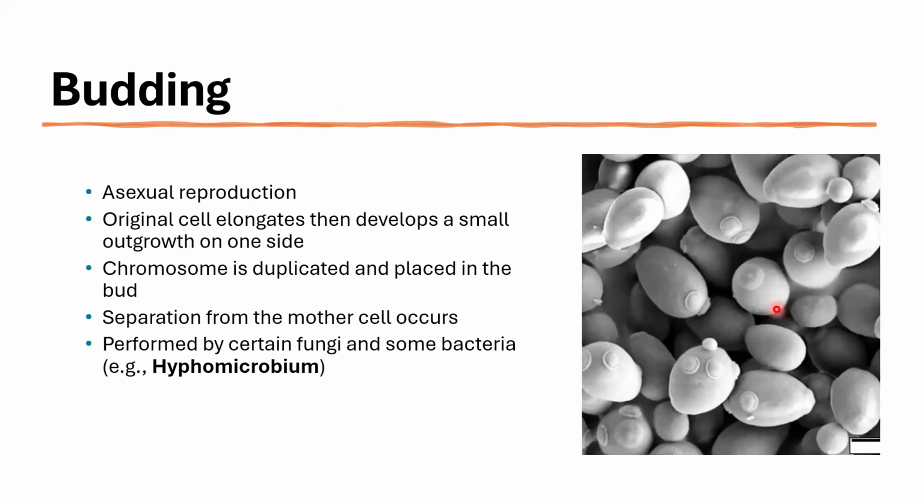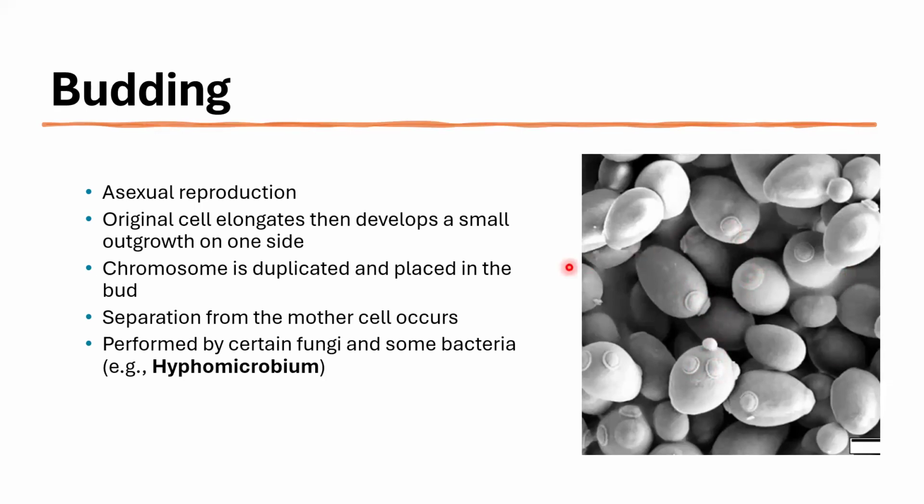Now, this is in contrast to budding. Now, there are some bacteria that bud, and this is very common in yeast cells. This is another form of asexual reproduction. In this case, you have a single cell, which are these big guys, that will start to develop these small outgrowths. So you can see that there are multiple buds coming off of many of these cells.